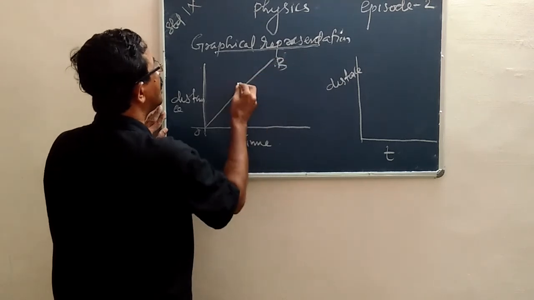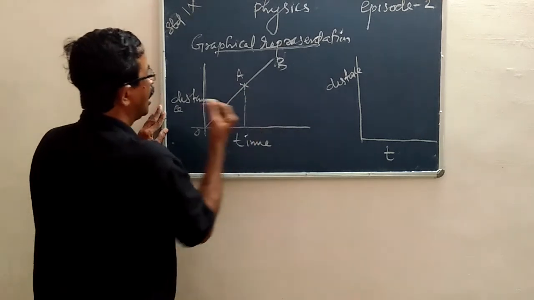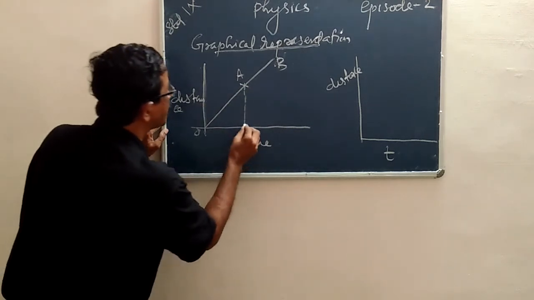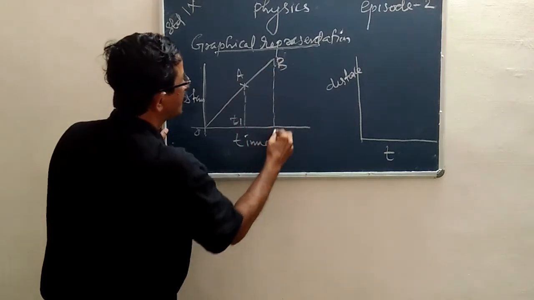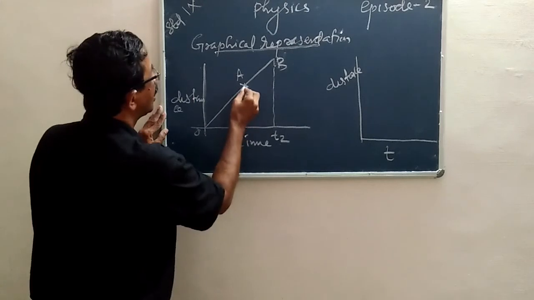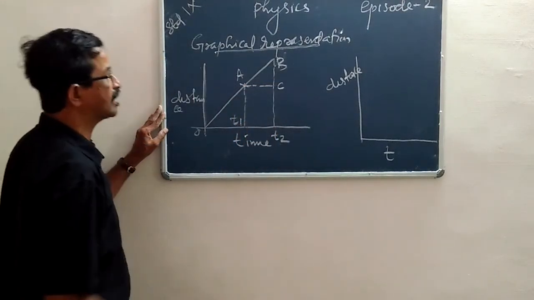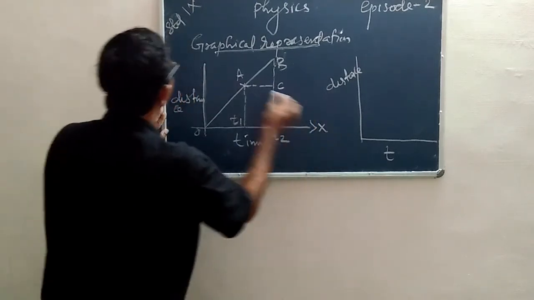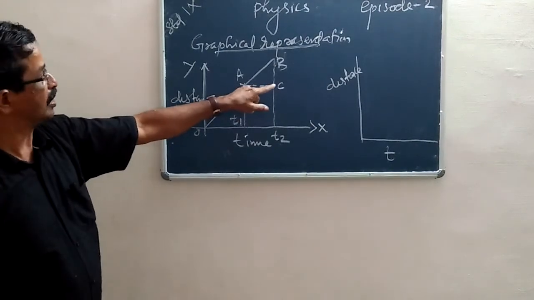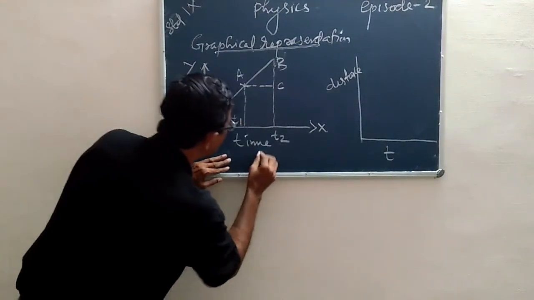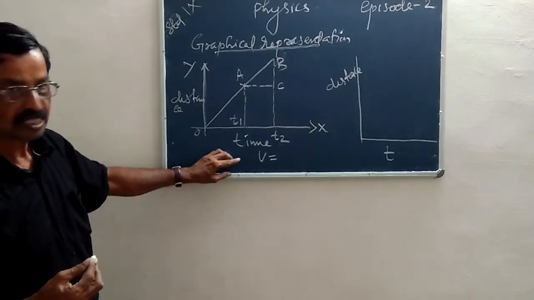Let A and B be 2 points. Now we draw a line parallel to the y-axis. Here the time t1, and from here the time t2, and a line from A, this AC, parallel to the x-axis. This is the x-axis, and this one is the y-axis. Now from this, we get the speed v, and we know speed is distance by time.